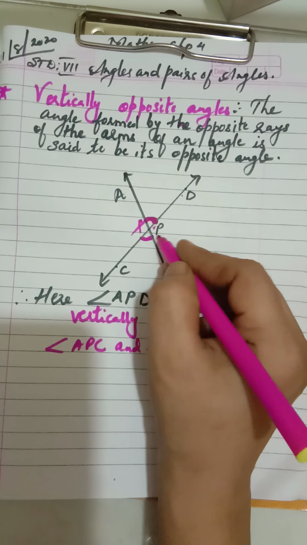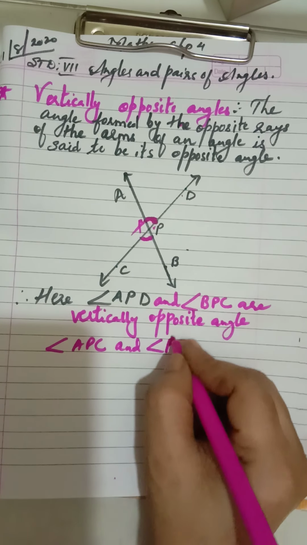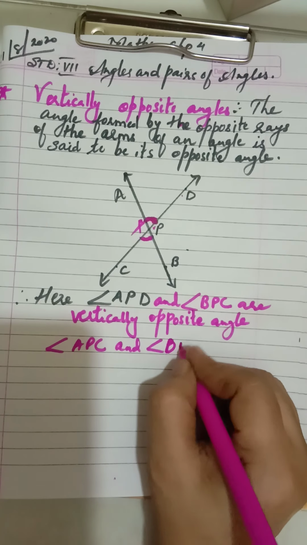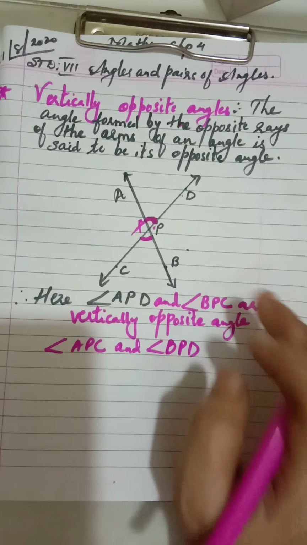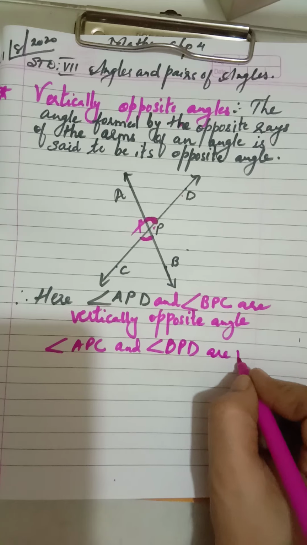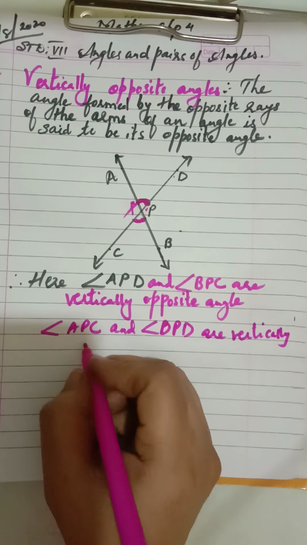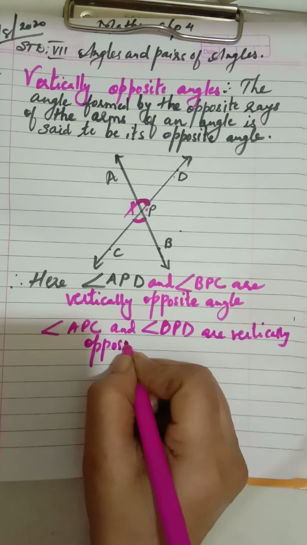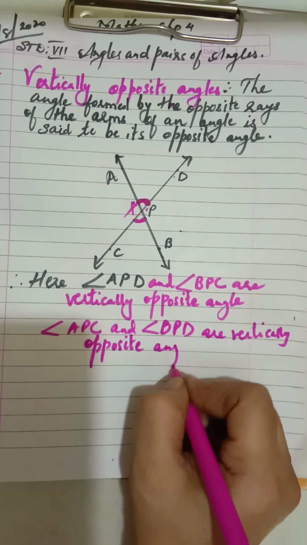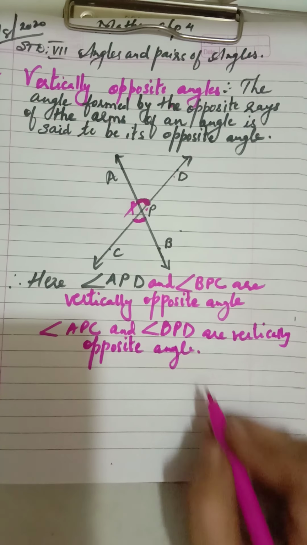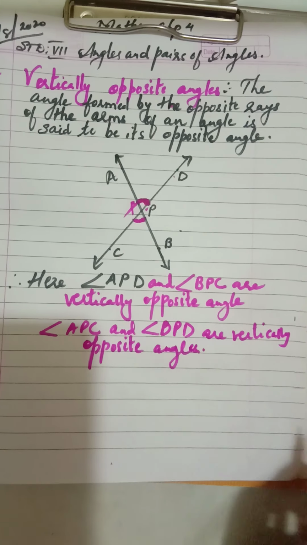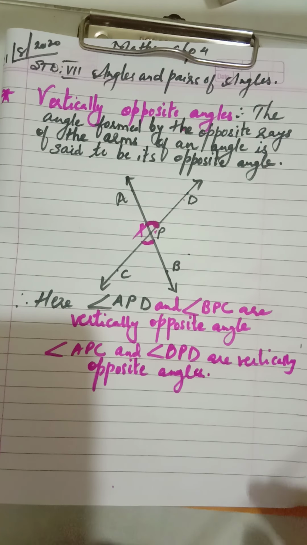Angle APC and angle BPD are vertically opposite angles.